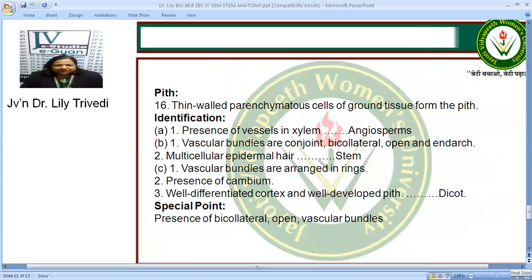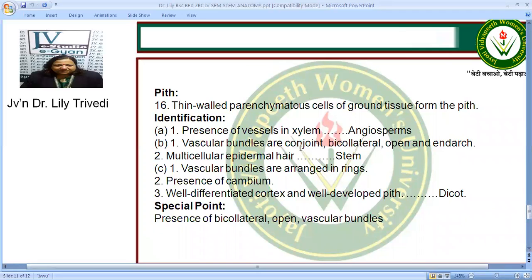Now, the basic identification features of a dicot stem: there is presence of vessels, as in angiosperms. Vascular bundles are conjoint, bicollateral, open and endarch. Open means open to secondary growth; endarch, xylem on the inner side; bicollateral, phloem on both sides.